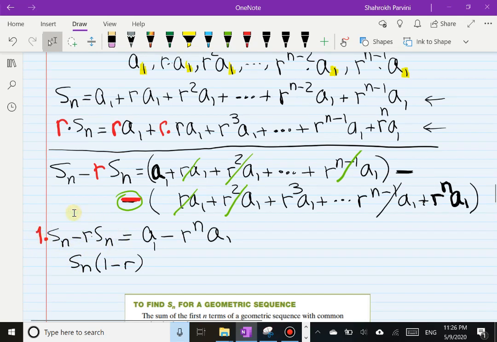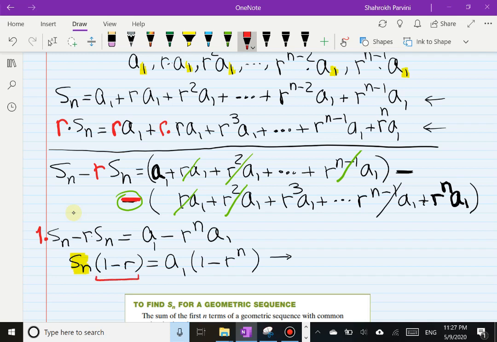That's going to be equal to, on the right, I'm going to factor out a1, so it's a1 times 1 minus r to the n, and we are almost there. Next step, I want to isolate S sub n, so let's divide both sides by 1 minus r. That means the formula for S sub n is therefore going to be a1 times 1 minus r to the n, divided by 1 minus r.